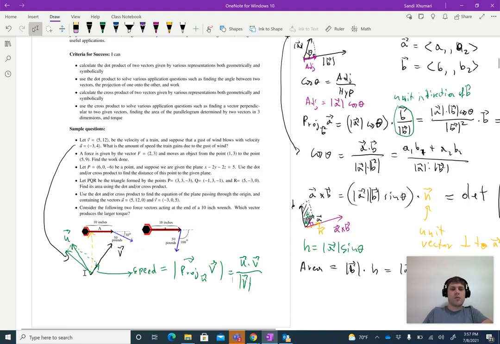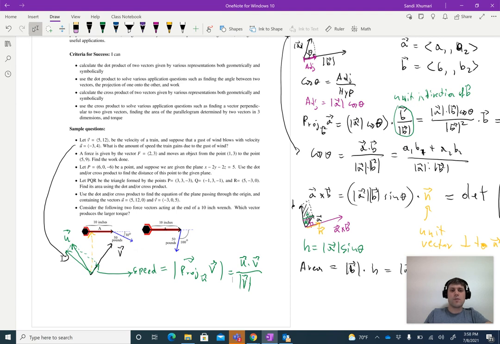Well, think about taking u and decomposing it into two pieces. So u is equal to the projection of u onto v and this perpendicular projection to v. If you sum this up, you get u. Now, this component of u that is perpendicular to v doesn't add anything to the speed of the train because it's not like it can move the tracks.